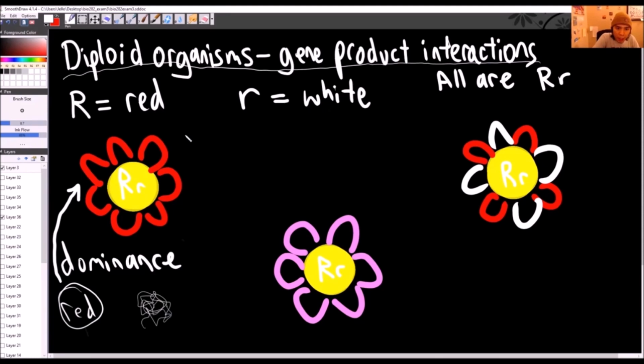Now, let's say we had the little r, a homozygous recessive genotype. We would see only white petals. But why might that be the case when the little r ultimately codes for a dysfunctional protein? It could be that the petals are naturally white without the pigment. When you don't have anything at all to influence the pigment, it's just white.